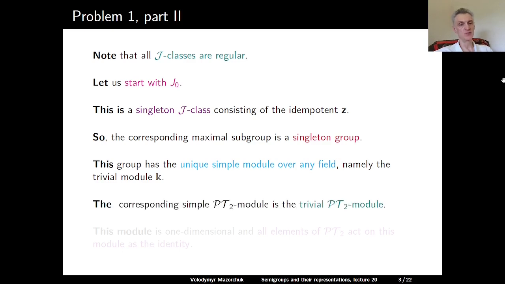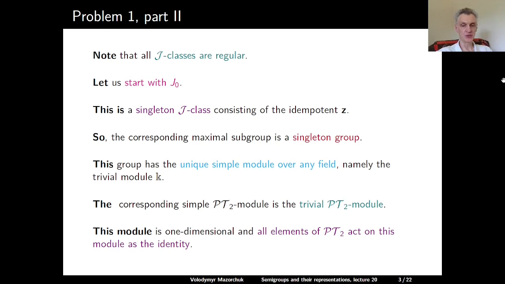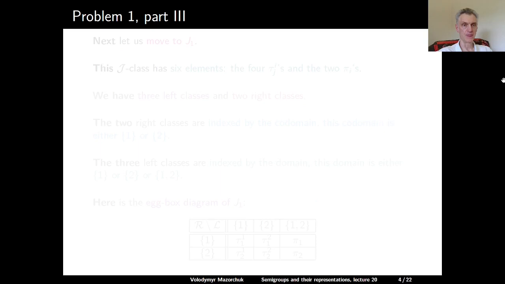And so the corresponding PT2 module will be the trivial PT2 module. It is one-dimensional, just the field itself, and all elements of PT2 act on this module as the identity element.